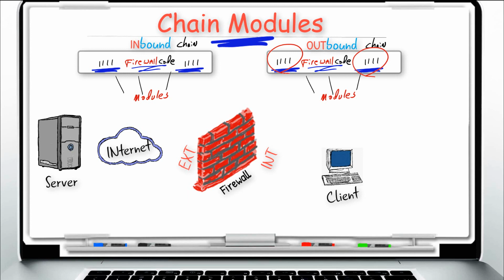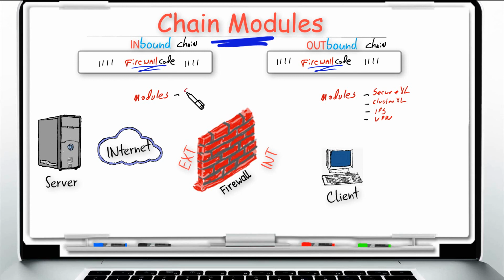But for now, let's assume that we have some of Checkpoint's other products enabled, like perhaps SecureXL, ClusterXL, IPS, VPN, etc. And so once we've enabled a bunch of Checkpoint products and features, we will be enabling a bunch of other inspection code, inspection modules for these other products, depending on the products or features being enabled.